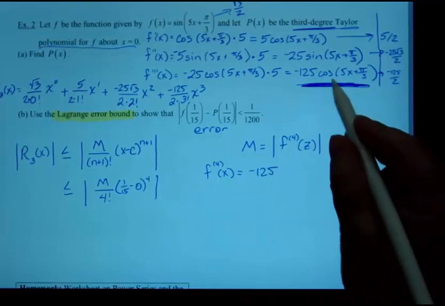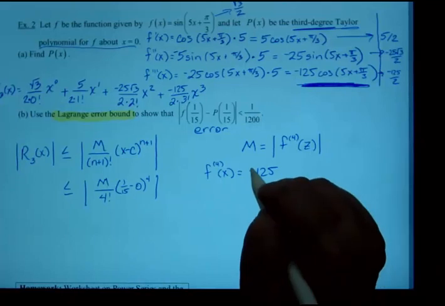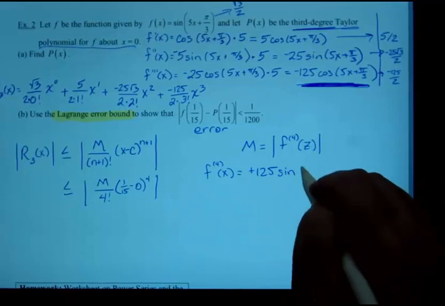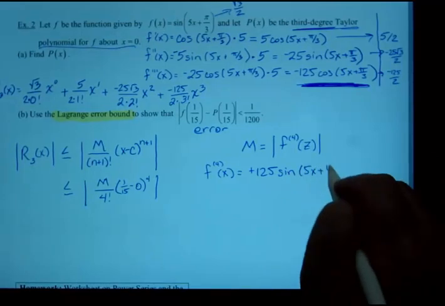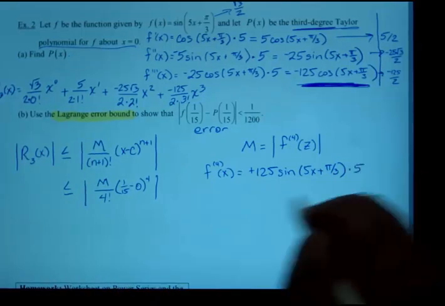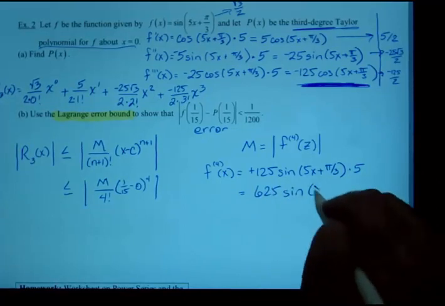What's the derivative of cosine? Negative sine. So that's going to make the 125 turn positive sine 5x plus pi over 3. Is that it? Times 5, which is 625 sine of 5x plus pi over 3.